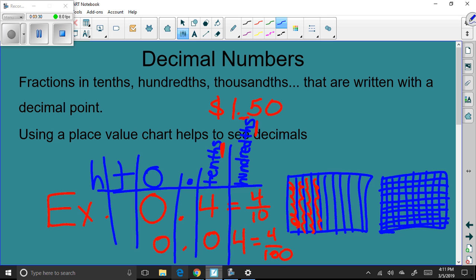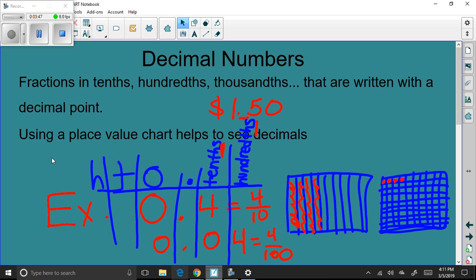So my last little line leaves a little bit to be desired. By drawing 9 lines vertically and 9 lines horizontal, it gives me 100 pieces. And 4 hundredths means that I have 4 of those pieces colored in.